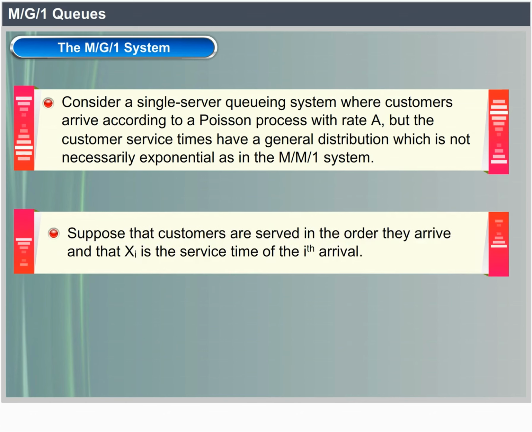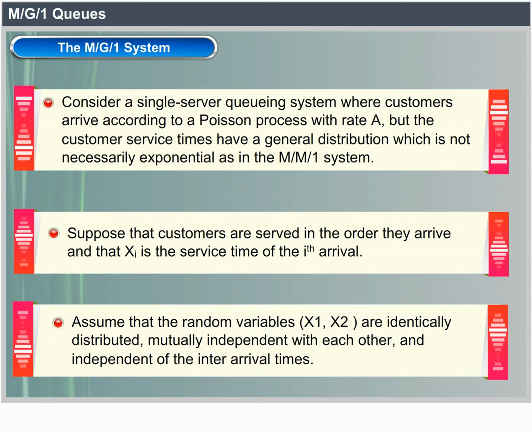Suppose that customers are served in the order they arrive and that Xi is the service time of the ith arrival. Assume that the random variables X1, X2, and so on are identically distributed, mutually independent, and independent of the inter-arrival times.